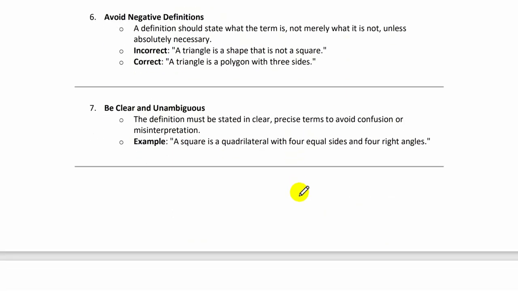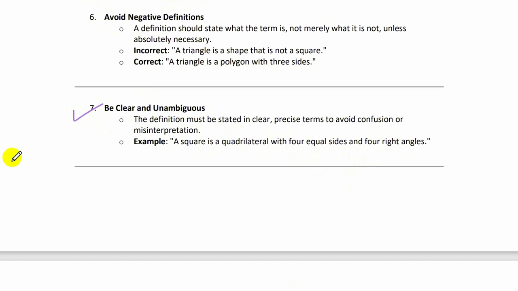Be clear and unambiguous. The definition must be stated in clear, precise terms to avoid confusion or misinterpretation. Example: a square is a quadrilateral with four equal sides and four right angles.